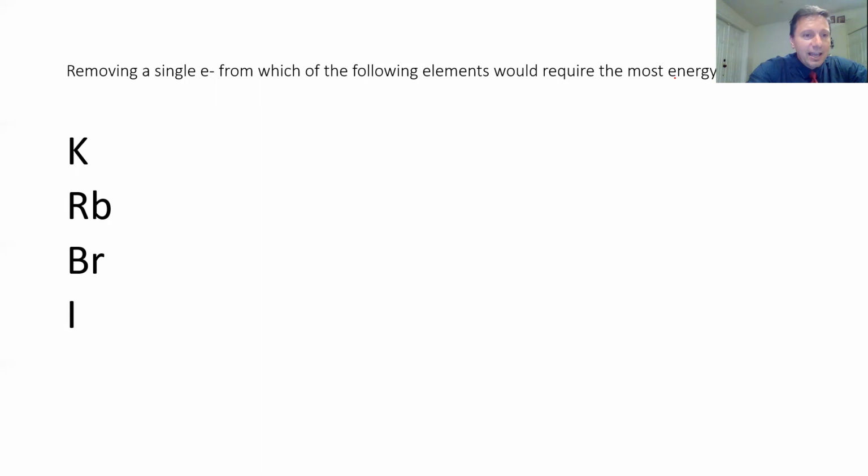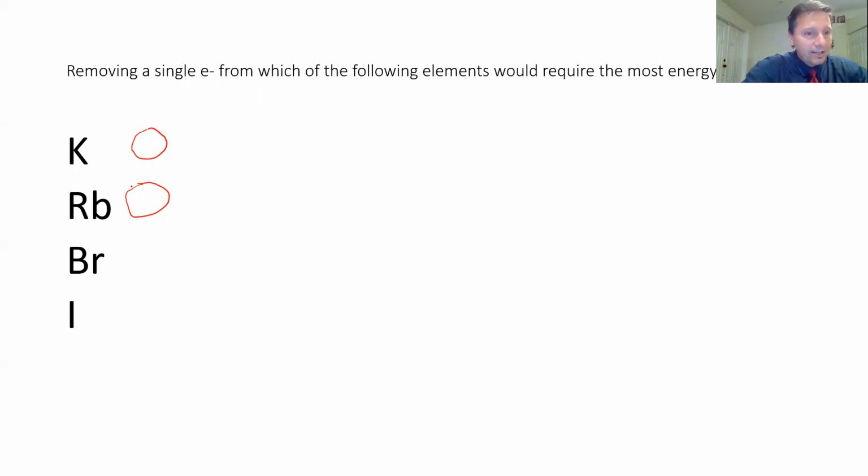So we would say something like this. We go down because rubidium is directly under, so it's going to be a little larger. And then we have all the way across to bromine, which is in the same period as potassium.